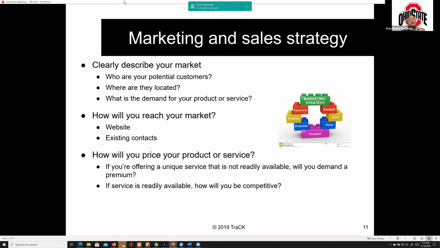If the service is readily available, if there are a lot of people out there doing it, how would you be competitive? One of the things I always try to tell people is that, in the construction industry in general, and I'm just more familiar with the construction industry, one of the best ways to be competitive is to be able to predict, manage, and track your costs better than your competition.